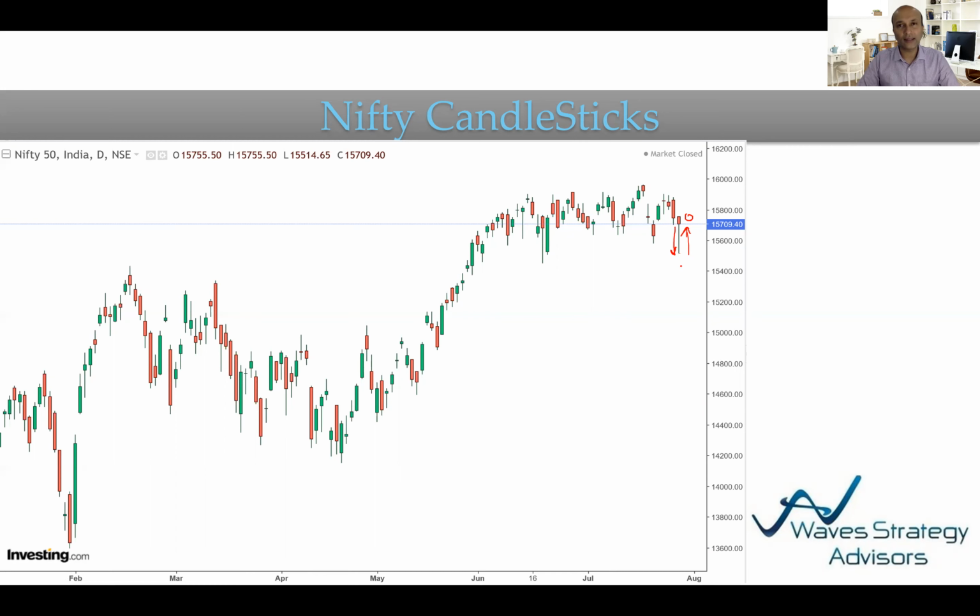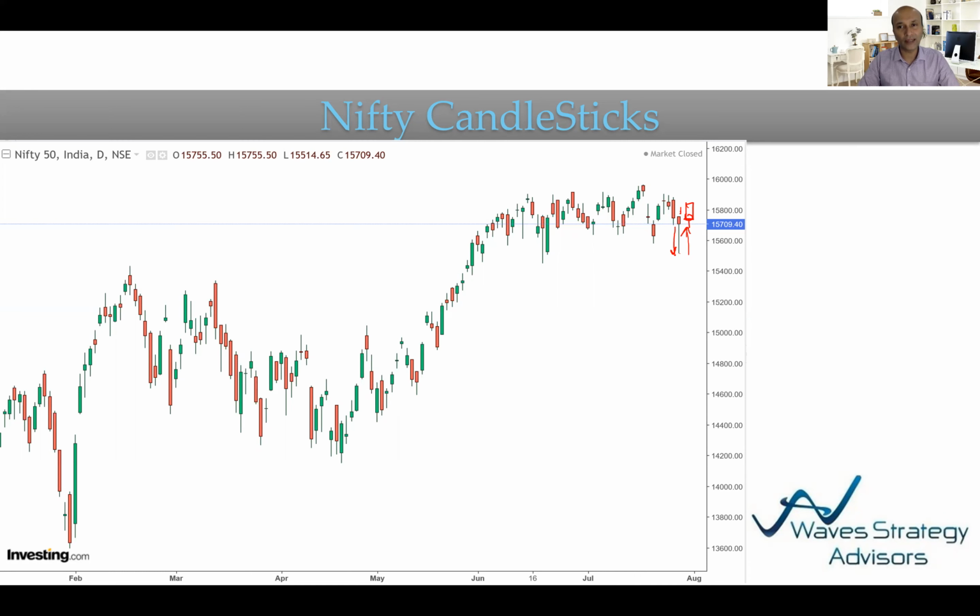Today's movement is going to be very crucial. If we can manage to form a positive candle in today's session above the prior candle body, that will indicate that the range in which the market has been moving for so many days will continue.